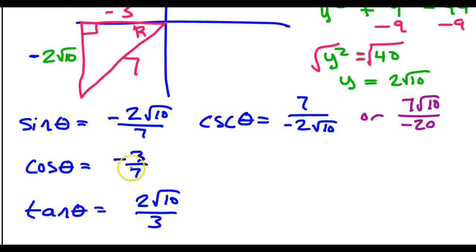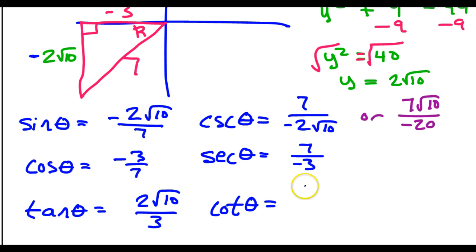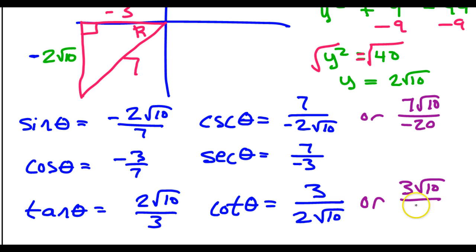Anyway, the reciprocal of cosine is the secant function, so that will be 7 over negative 3. And the reciprocal of tangent is cotangent, so that's going to be 3 over 2 radical 10. Again, some people don't like to have radicals in the denominator. So if you were to multiply the top and bottom by radical 10, you would get 3 radical 10 over 20.